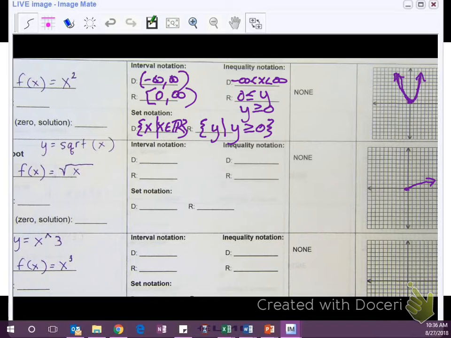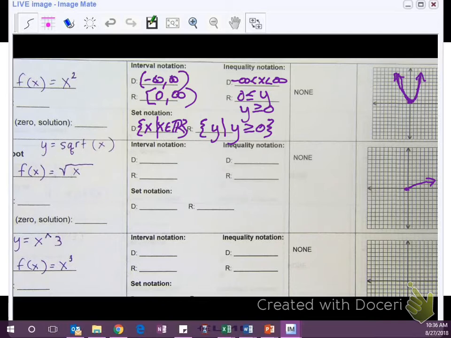Now, it looks like it isn't getting taller. It looks like it might be approaching some number. But in reality, the square root of anything, the bigger the number gets, the larger the square root gets. So the domain is going to the right forever, but the range is also going up forever. But only starting at 0 because we don't have square roots of negative numbers, right?